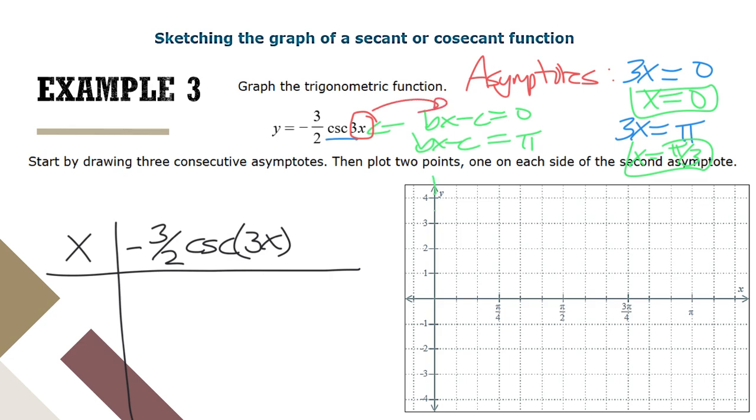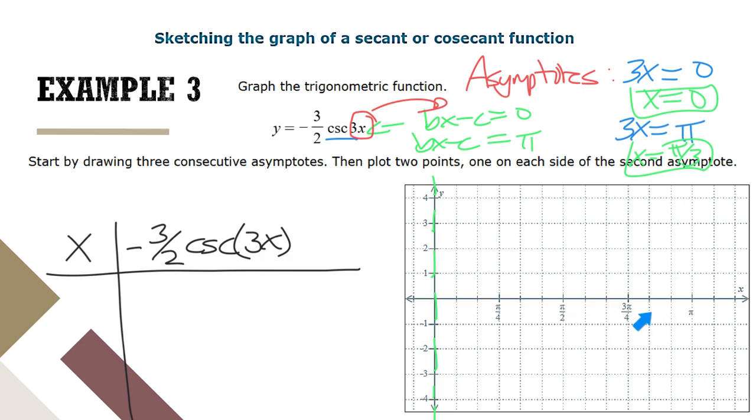So at 0, we have a vertical asymptote. And at pi over 3, it's harder to see where pi over 3 is in here because we have pi over 4, pi over 2, 3/4 is pi. So if you think about this, we have 1, 2, 3, 4, 5, 6, 7, 8, 9, 10, 11, and 12.